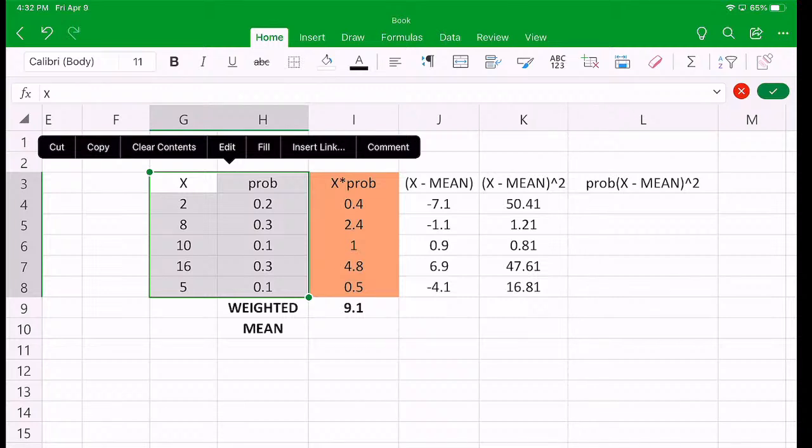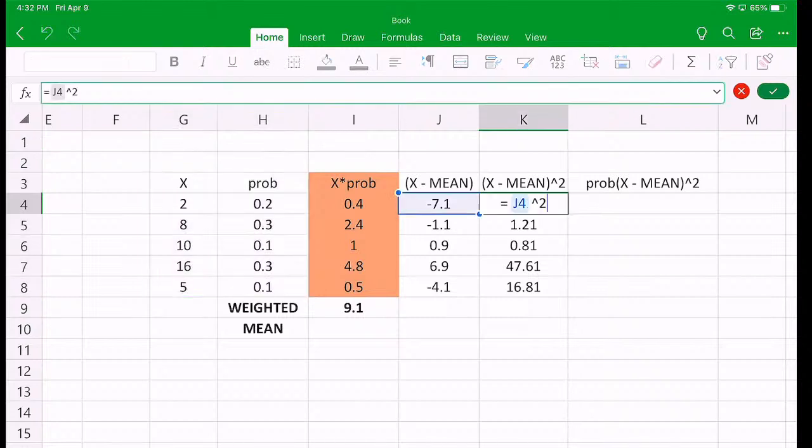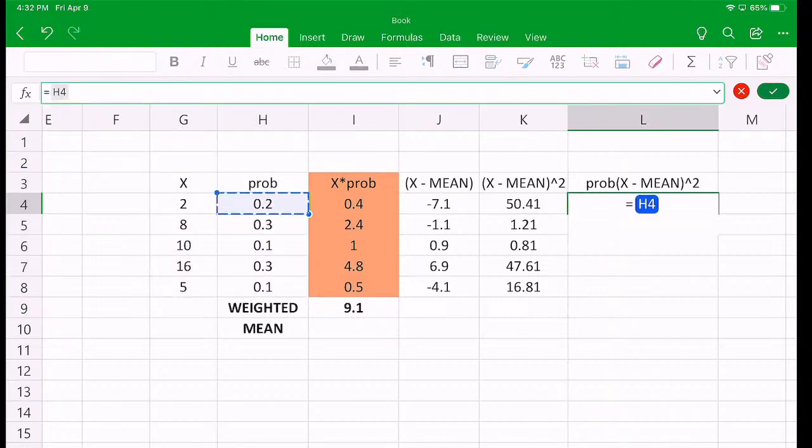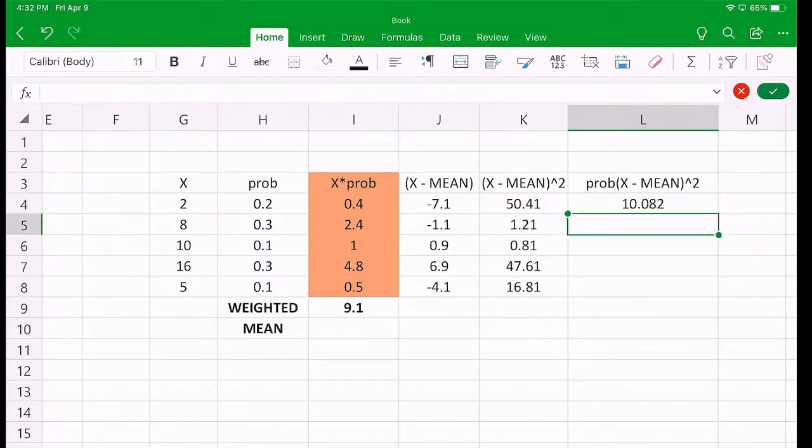So what I'm going to do now is multiply probability times this column. So I'm going to take the probability, multiply it by the squared deviation from the mean, and do that all the way down.